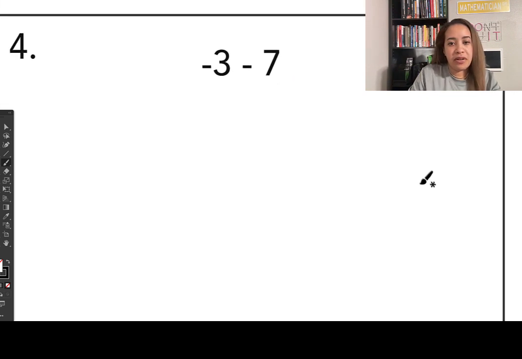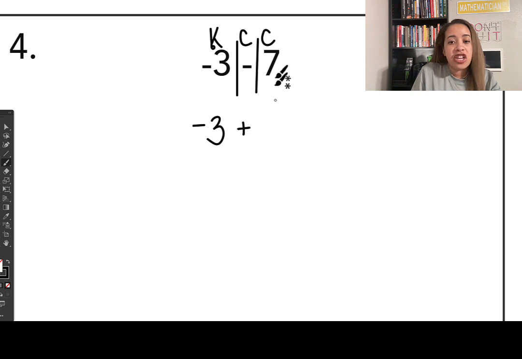Here is number 4. We say keep, change, change. So we keep the negative 3, change from a minus to a plus, change from a positive 7 to a negative 7. So now looking at my addition problem, I see same signs. I see a negative plus a negative, so we say same signs add. 3 plus 7 gives us 10.